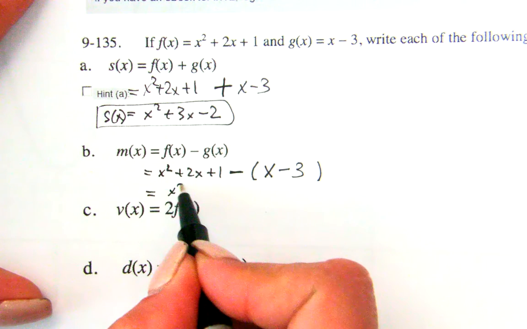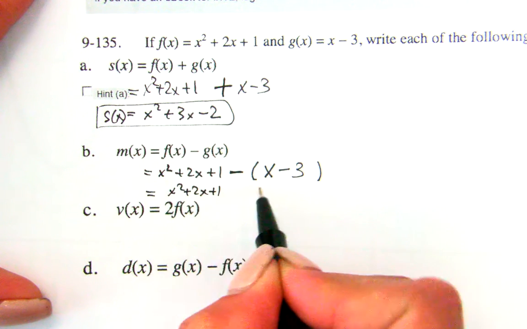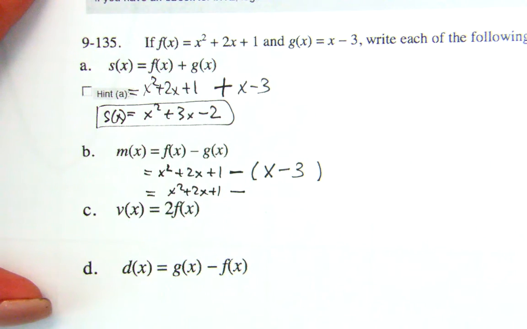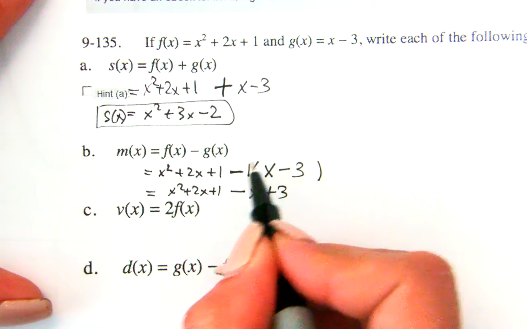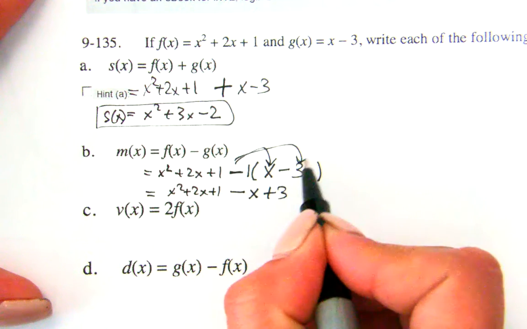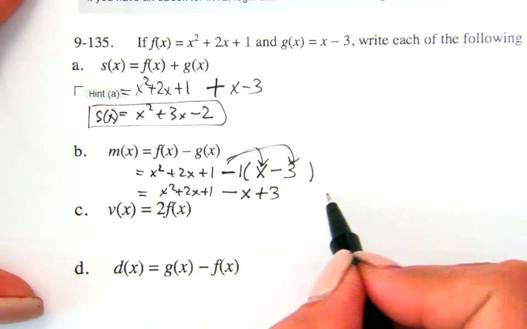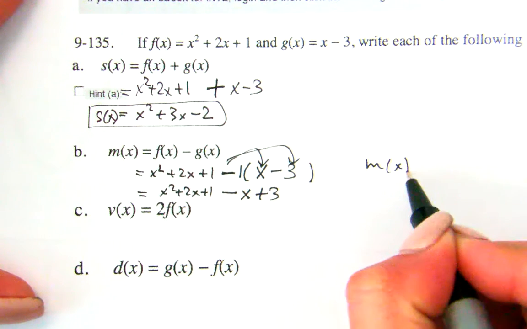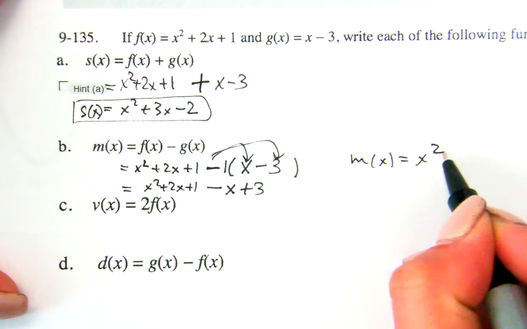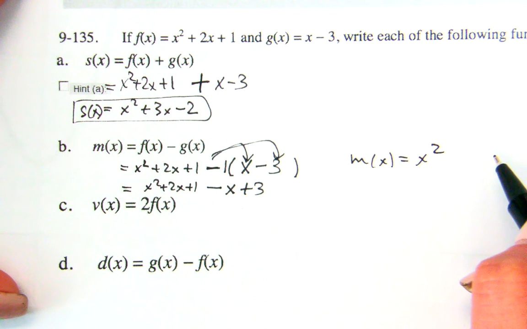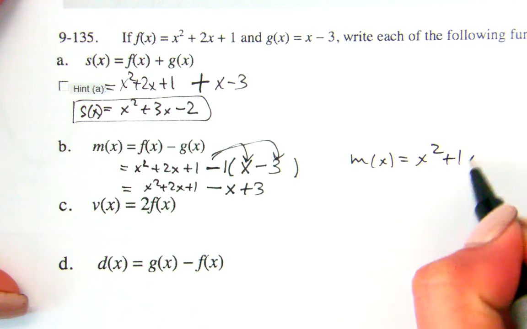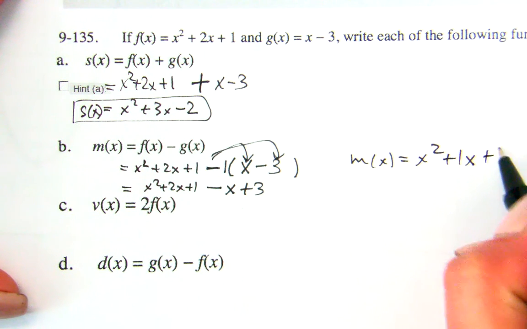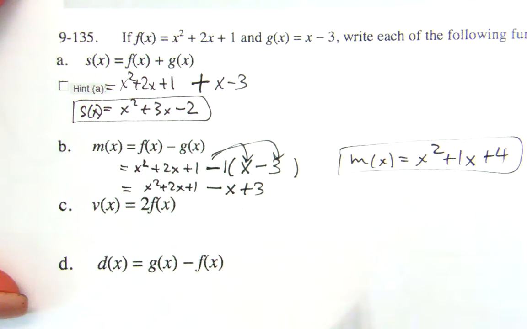So we have x squared plus 2x plus 1 minus x plus 3, because there's a negative 1 out here that needs to get distributed. And then m of x is going to be equal to x squared. Oh man, sorry, I got lost. Plus 1x plus 4. There we go.